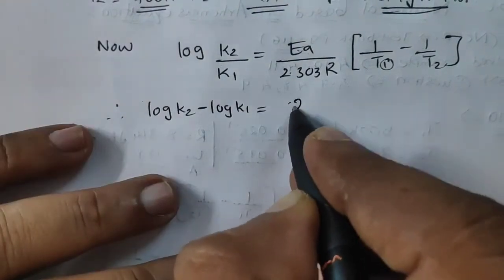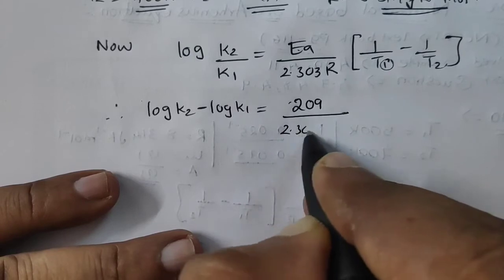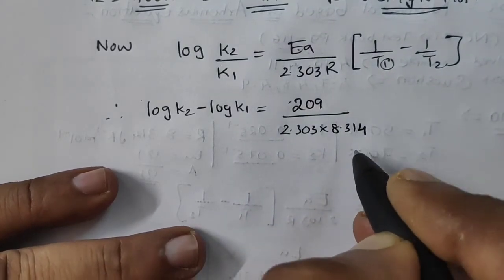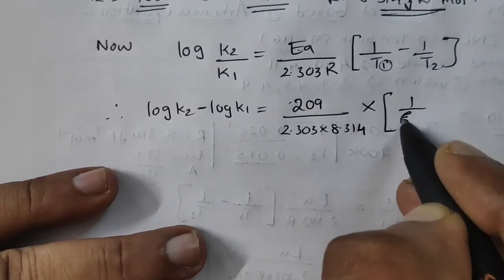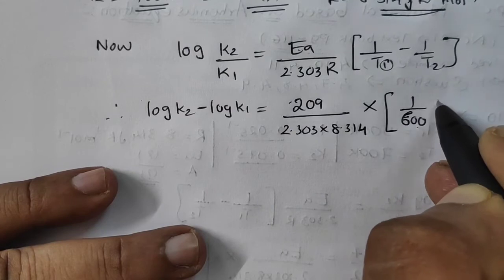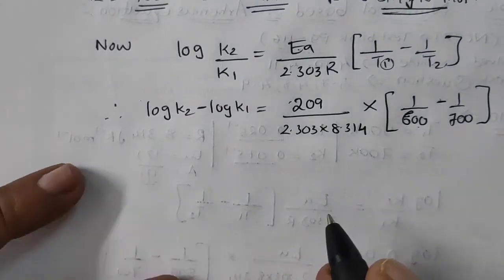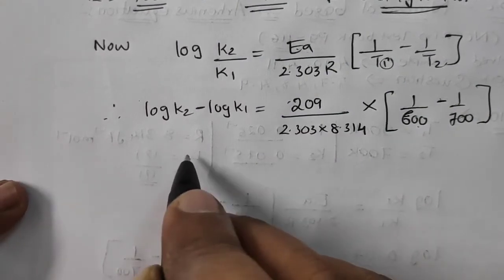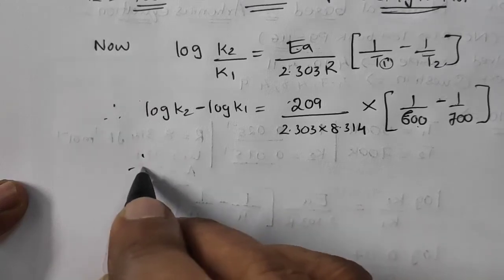EA was 209, whole upon 2.303 into 8.314, into 1 upon 600, that is T1, minus 1 upon 700, that is T2. So this one if you simplify, we will simplify this first.